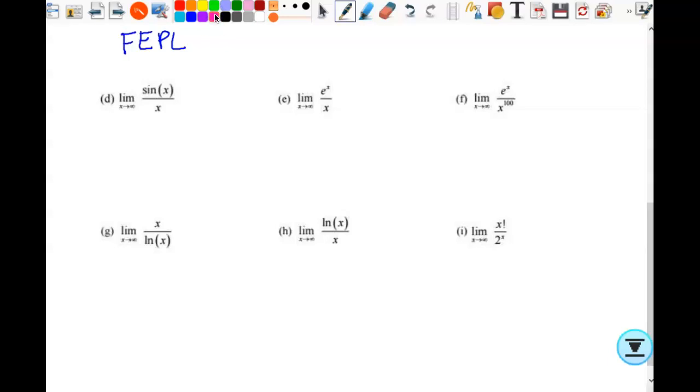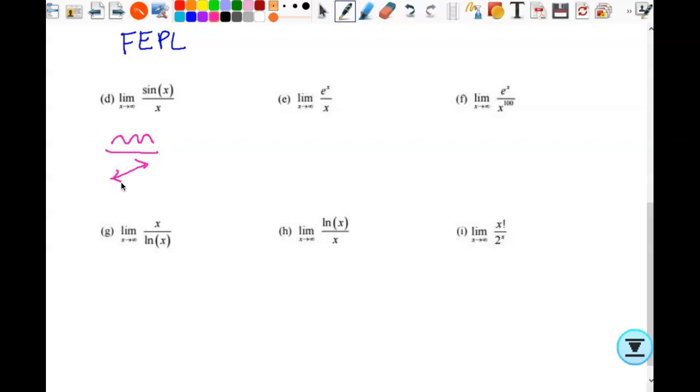All right, so given that, think about what's happening here. Now, trig functions are not even in there, right? But we can think about what we know. We know what a sine function looks like, right? It's just going up and down and up and down, okay? But then x is growing to infinity, so what do you think this limit would be? 0, because as sine is going up and down, the denominator is getting bigger and bigger because it's linear, right?